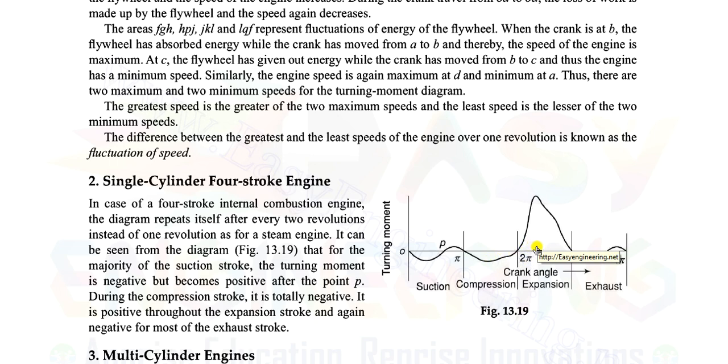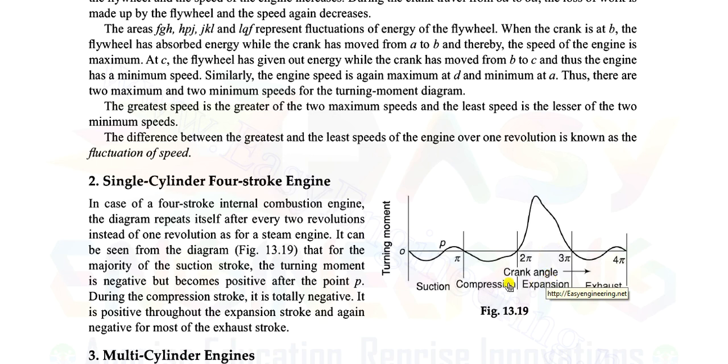Then what should we do, how to avoid this non-uniformity? The only power you are getting is where? In the expansion stroke. So in 3 strokes, when the engine is working, you are not getting power, only in the 1 stroke you are getting power. For example, just consider 4 seconds.